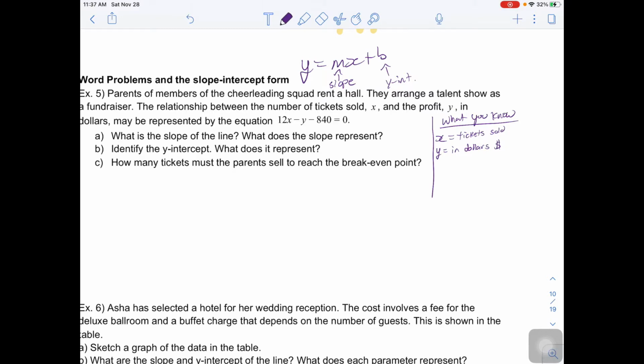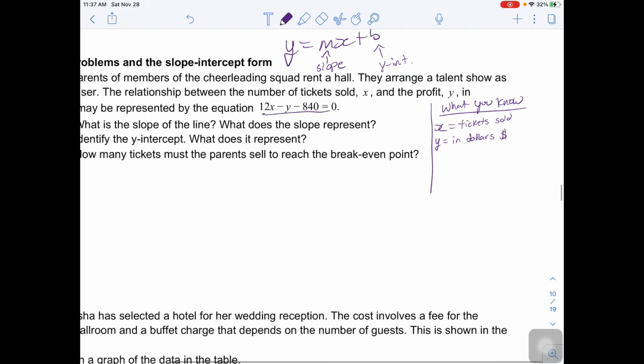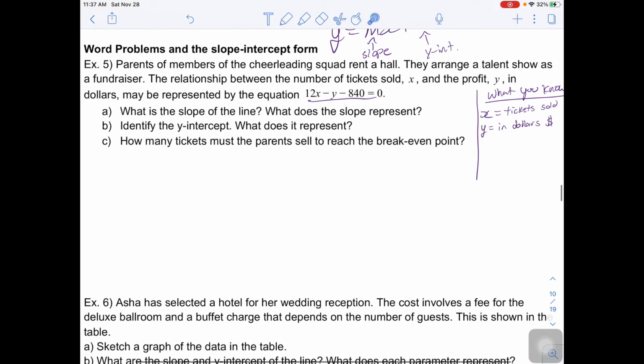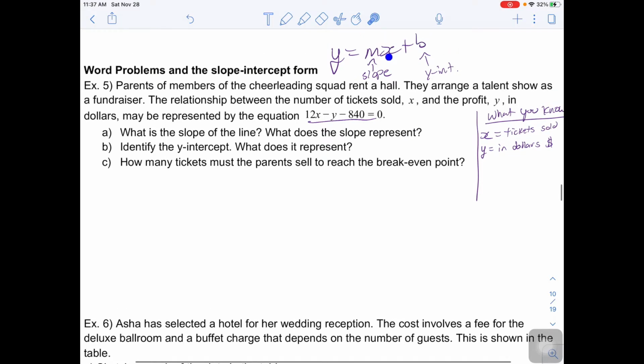Okay. And then from here, we're given this equation. So recognize this equation is not in y-intercept form. Somebody might see 12 beside x and automatically go, oh, well, slope is 12.